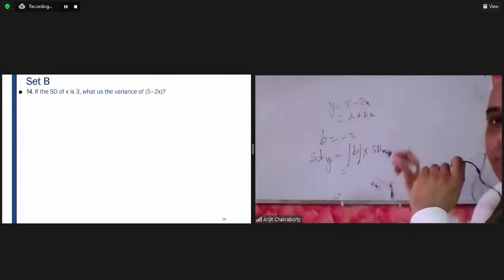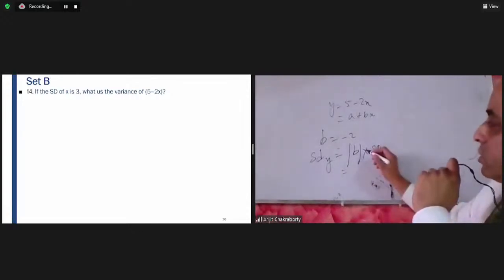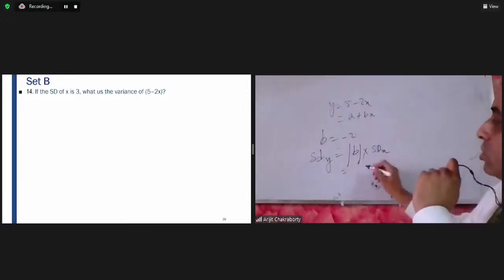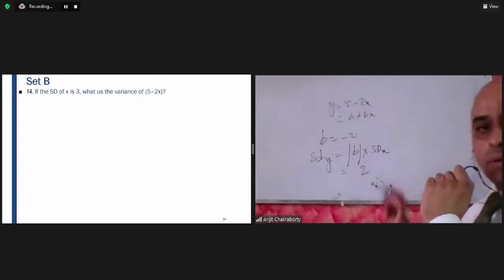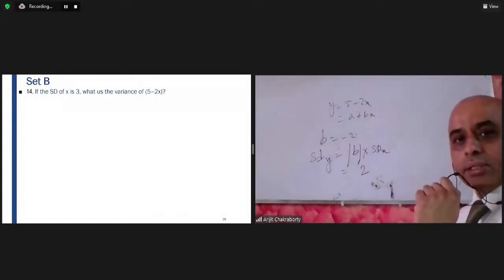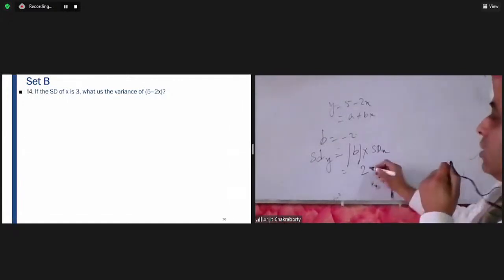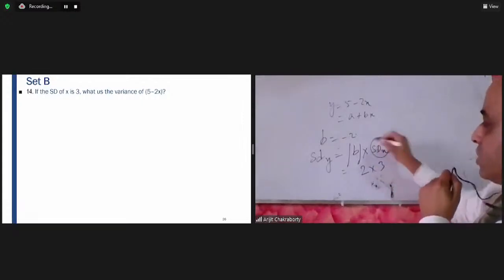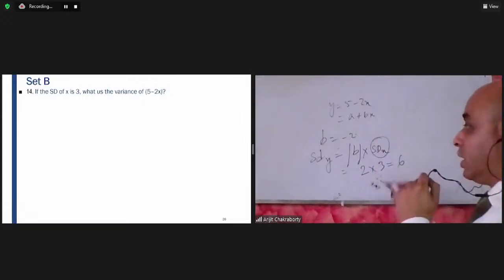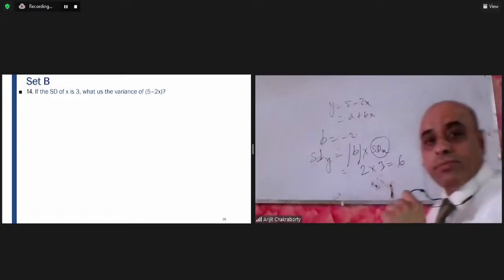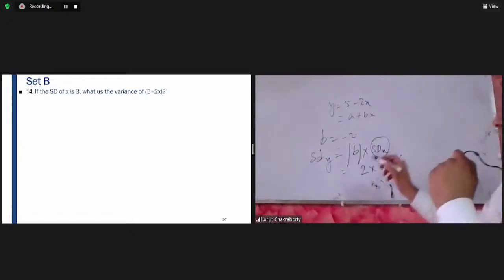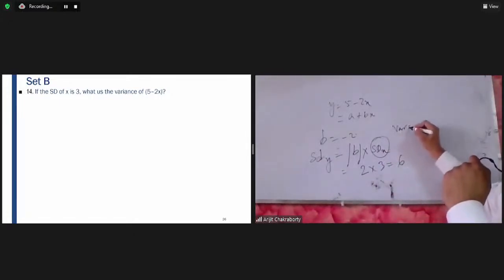SD of x is given as 3, and mod b is 2, since the sign is ignored. We take the positive sign. 2 into 3 gives 6. SD of y is 6, but you have to find the variance of y. So the variance is equal to 6 squared, that is 36.